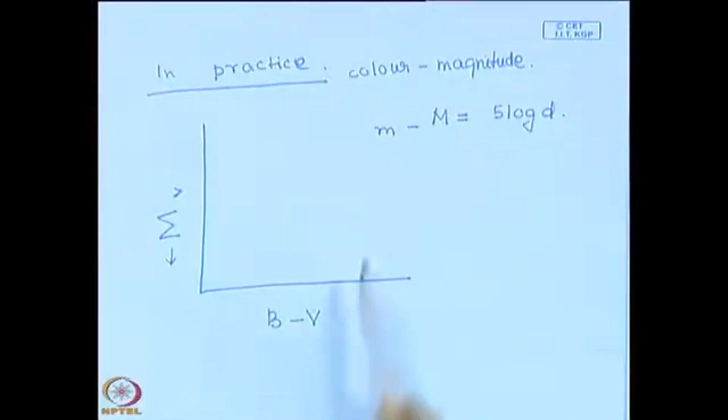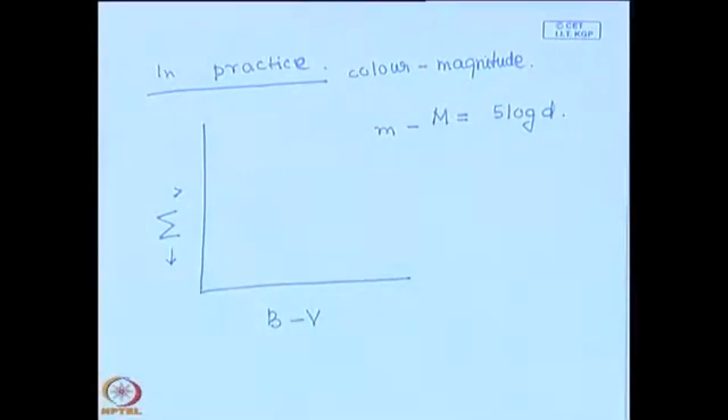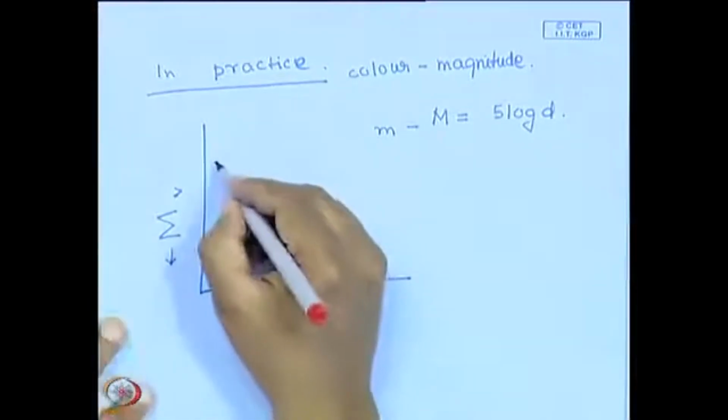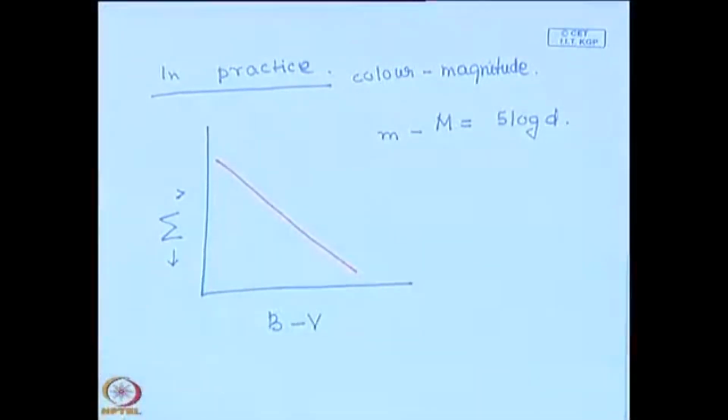Okay, so, this is what people looked at, and what people found was that the bulk of the stars lie along a band which runs diagonally across this diagram, roughly like this.